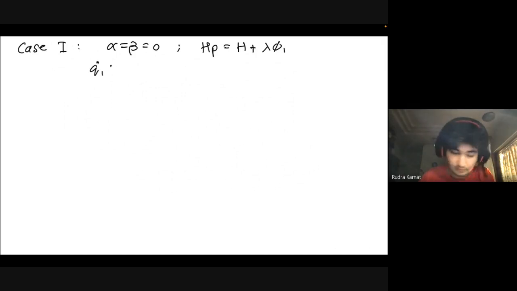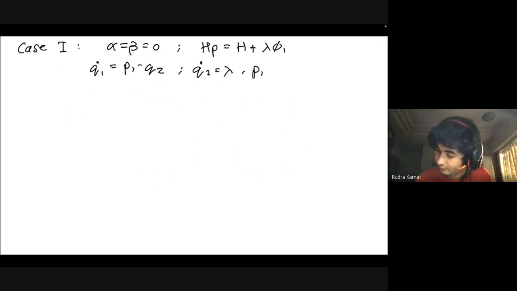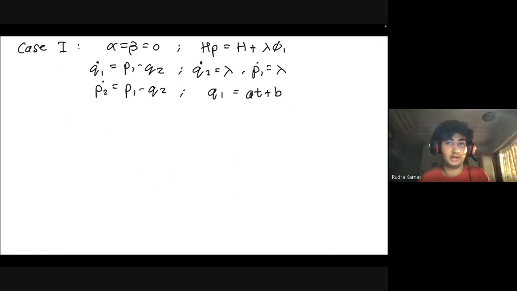So q1 dot is simply going to be p1 minus q2. q2 dot will be lambda. p1 dot will be lambda. p2 dot will be p1 minus q2. And then q1 will be at plus b for arbitrary functions a and b.